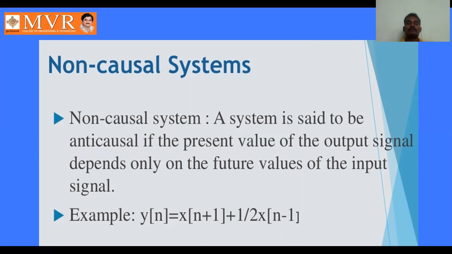For example, y of n is the present output signal which depends upon the future values, that is x of n plus 1 plus 1 by 2 into x of n minus 1. These are all the future values of the input signal. So if the present value of the output signal depends upon the future values of the input signal, then we can say that the system is a non-causal system.